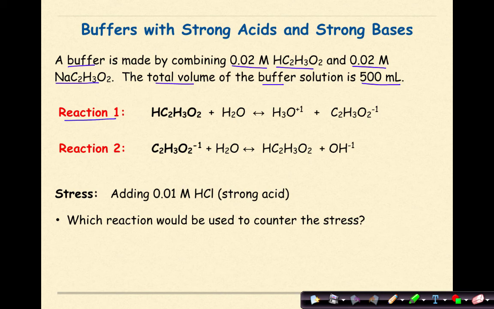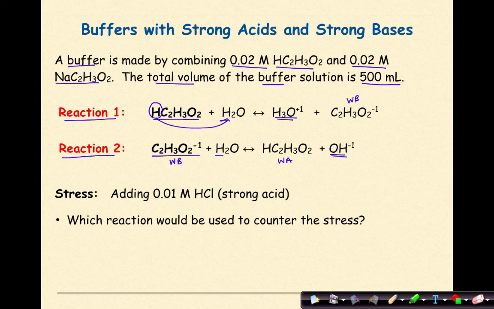In reaction 1, we have acetic acid donating its acidic hydrogen to water molecules to produce the hydronium ion and also the weak base, the acetate ion. In reaction 2, we have existing acetate ions, which we know are weak bases, accepting hydrogens from water molecules to form the weak acid, acetic acid, and also forming hydroxide ions.